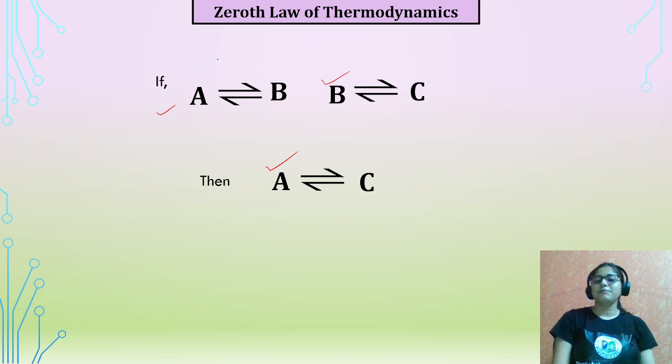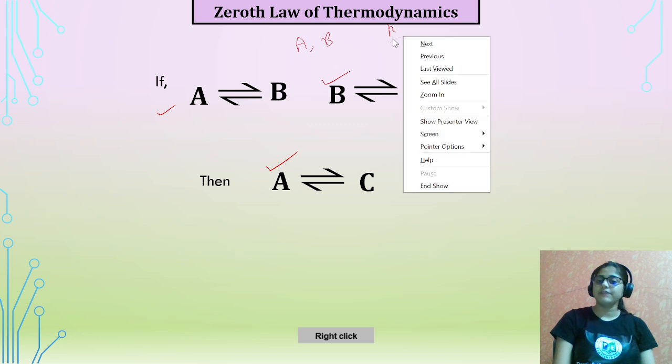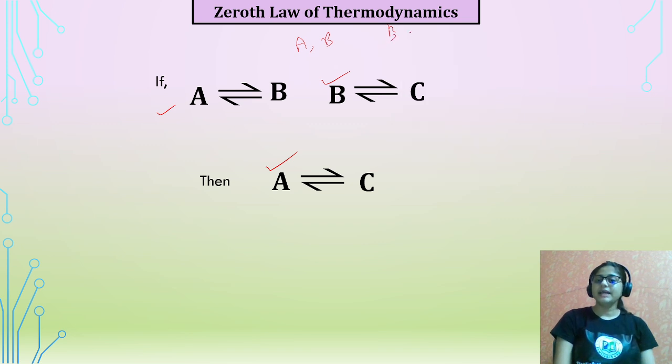If we take an example, let's say A and B are friends, and B and C are friends. A will think that B is my friend and C is B's friend, so he is also my friend.